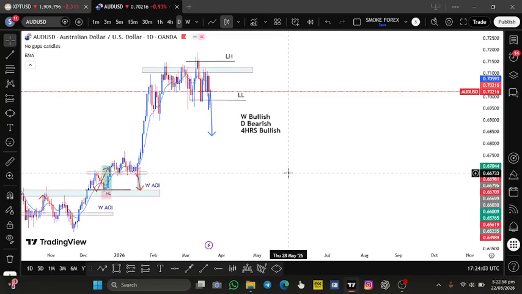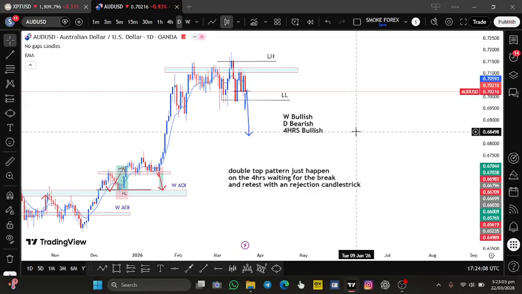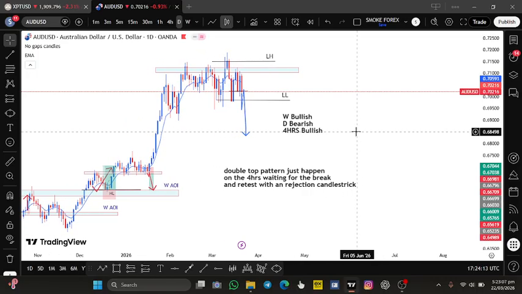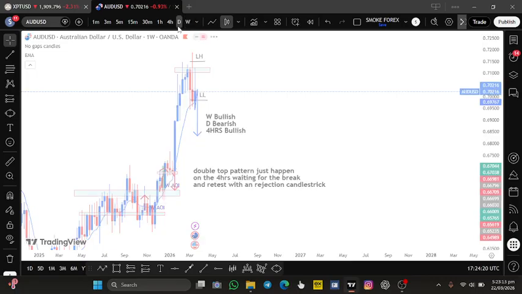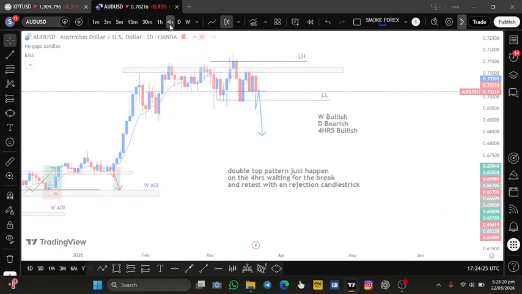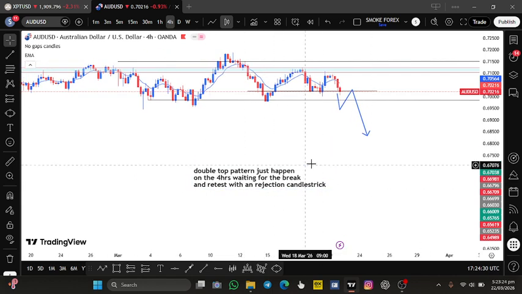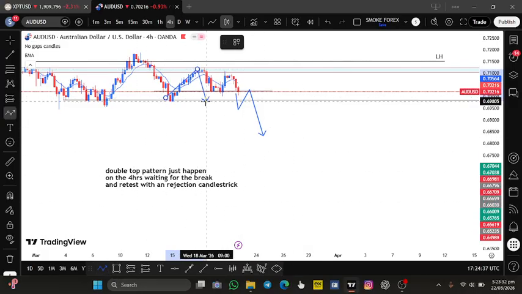Our next pair is AUD USD. On the AUD USD, I have my weekly trend bullish, my daily bearish, and my 4 hour bullish. So right now, what do I want to see? I can see a clear double top pattern just happened on the 4 hour.